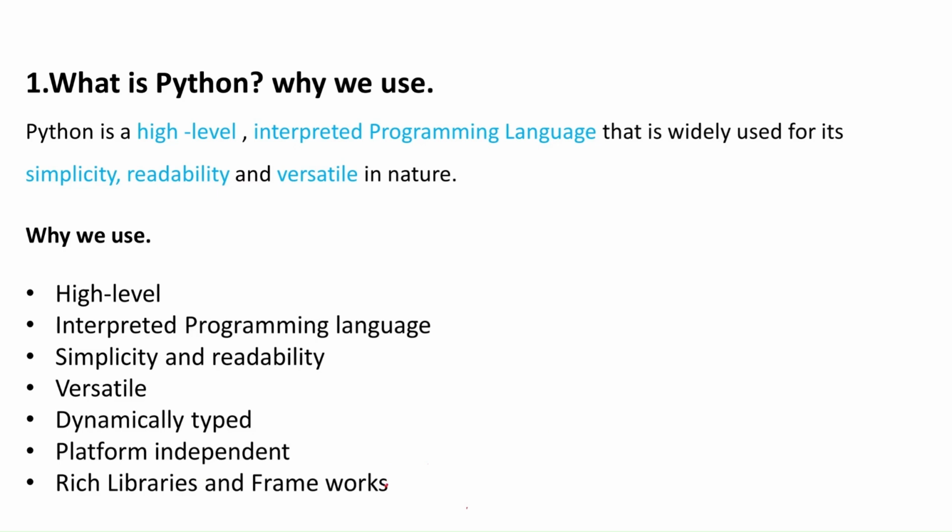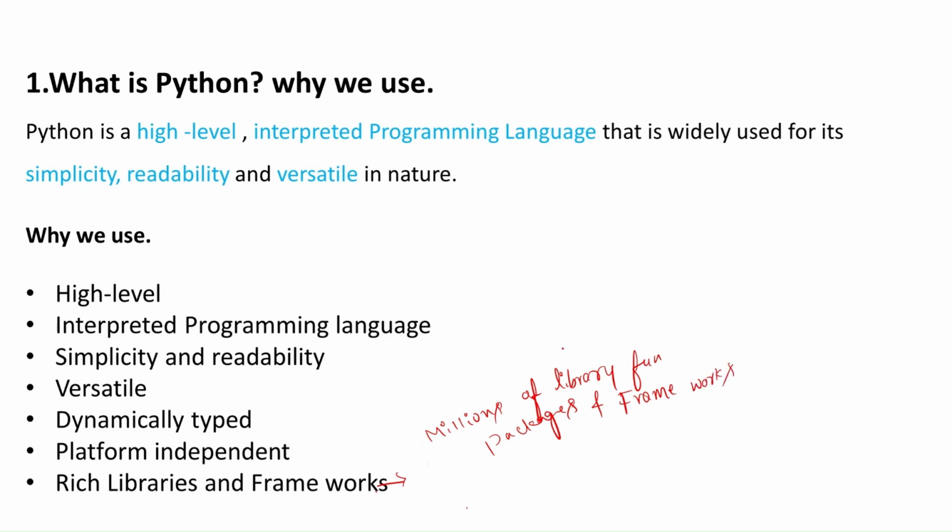Then what is meant by rich libraries and frameworks? Rich libraries means Python has millions of library functions and also packages and frameworks.